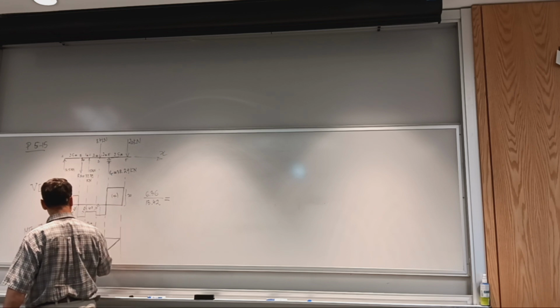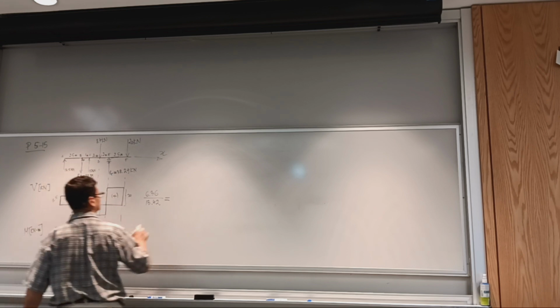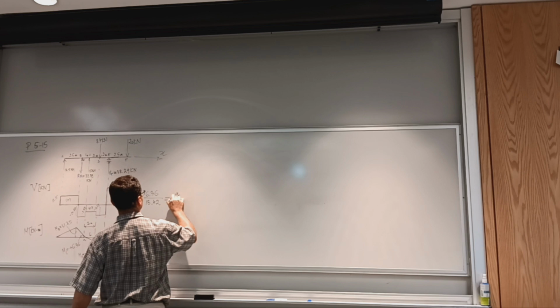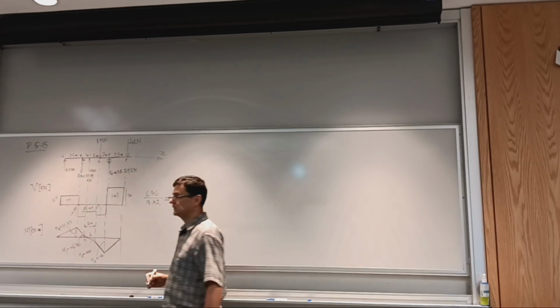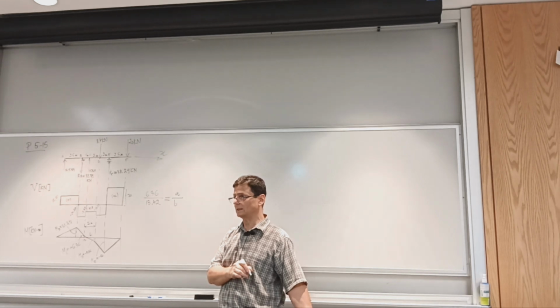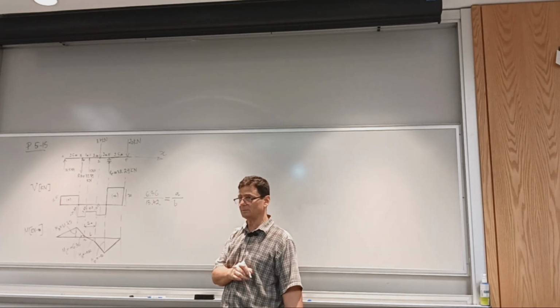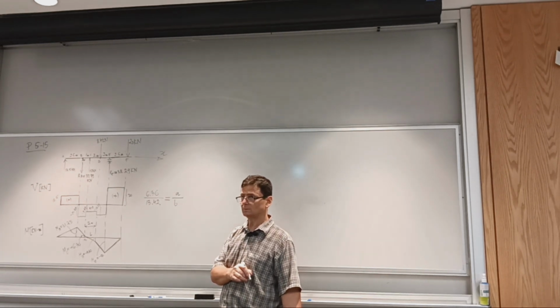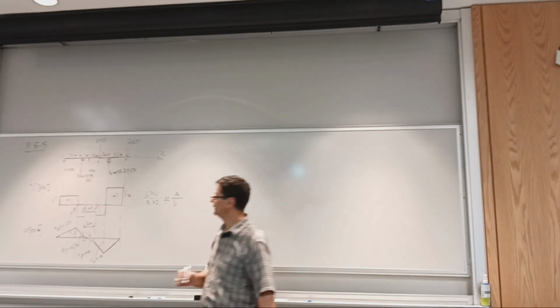Let's call this A, and let's call this B. So A over B. Can you see what I did? Similar triangles. I'm sure you've learned of these in high school at the latest, if not earlier, maybe middle school.